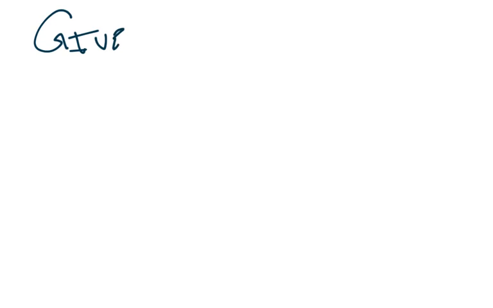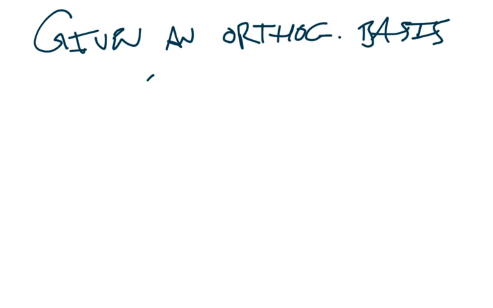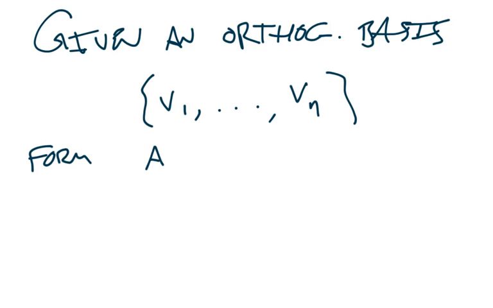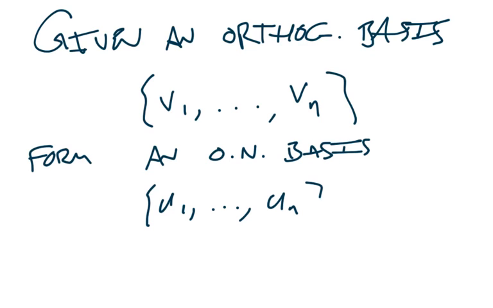So given an orthogonal basis, V1 through Vn, we can form an orthonormal basis, say U1 through Un, just by setting Ui equal to Vi over its own magnitude.